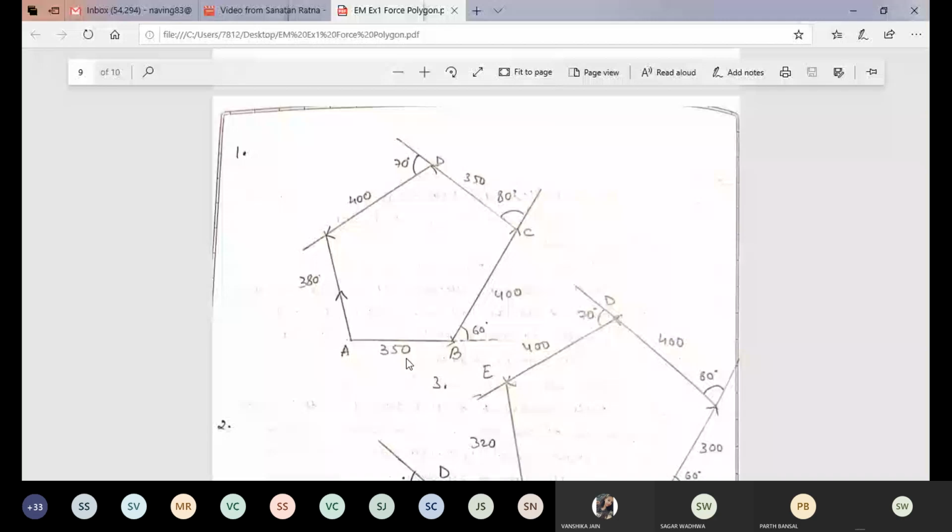So make a line here of 3.5 centimeter, AB. After that, the angle between A and B is 60 degree. So we put the protector at the point B and draw a line at an angle of 60 degree from here and then cut here. How much is it coming?